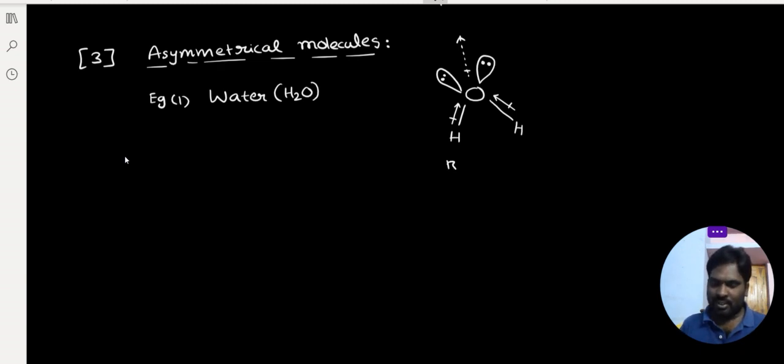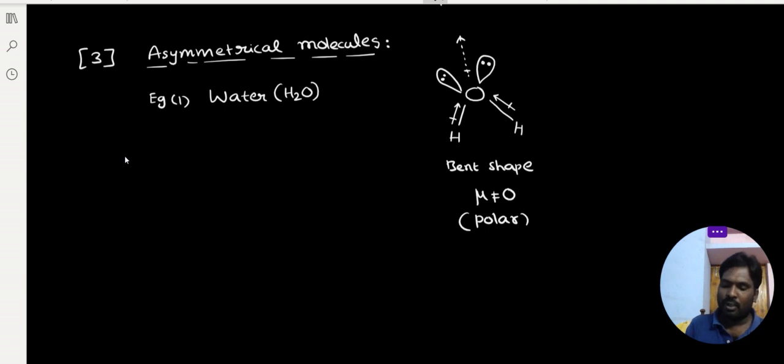Understood? So mu not equal to 0 means it is a polar molecule. You know, bond angle 104 degree 30 minutes. Understood?